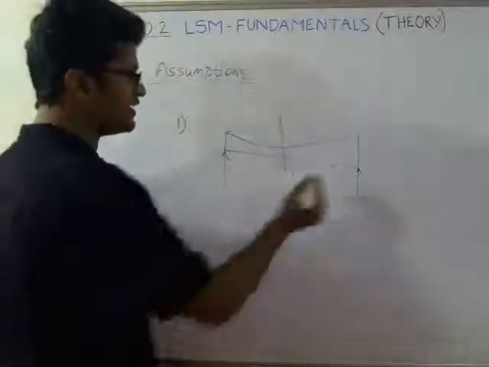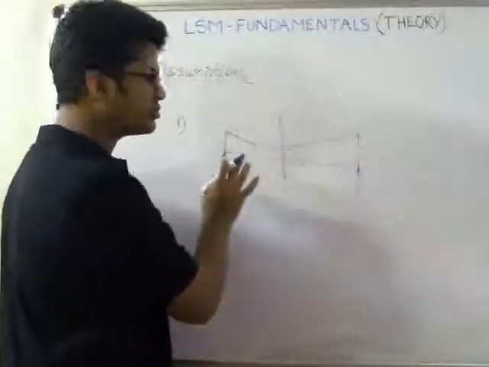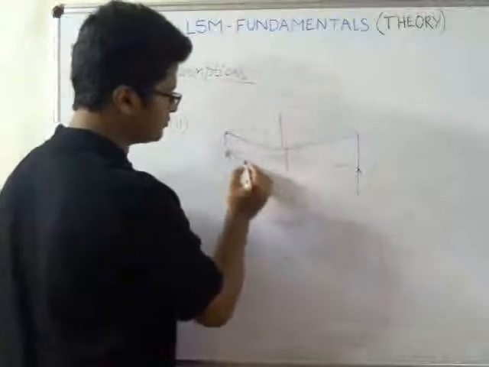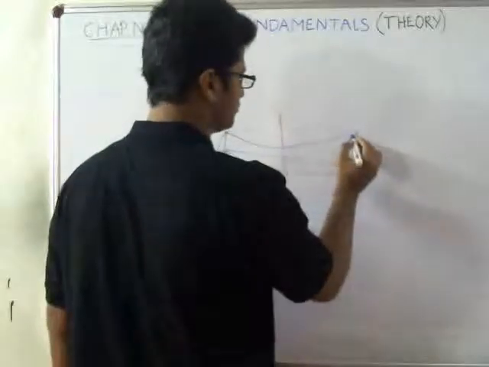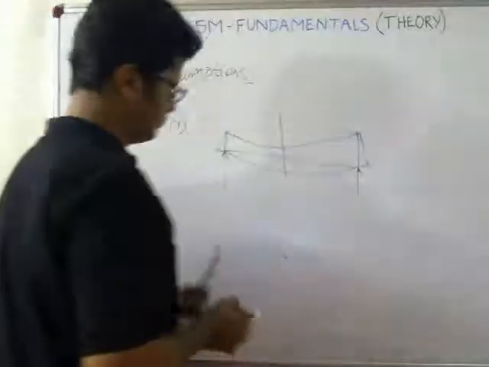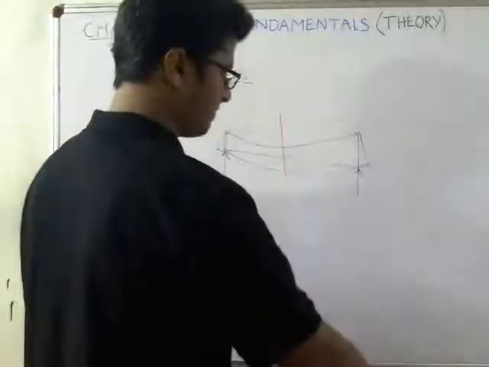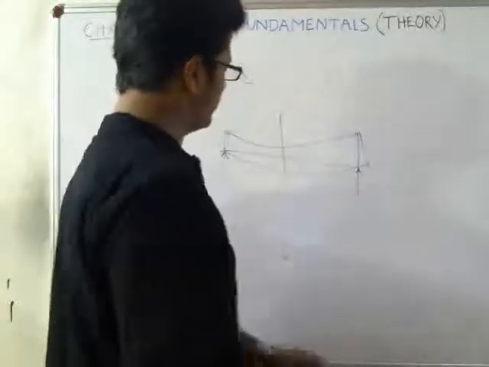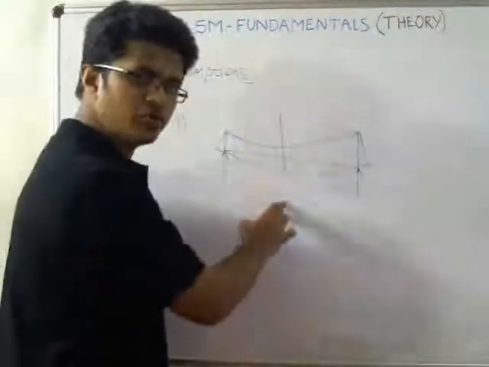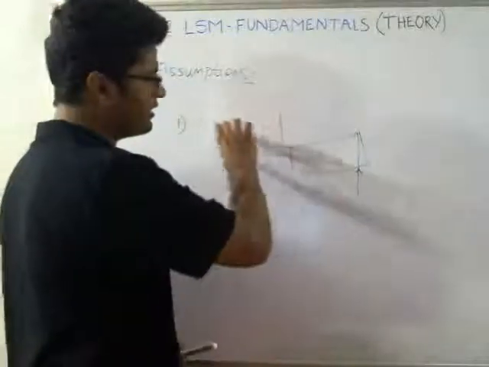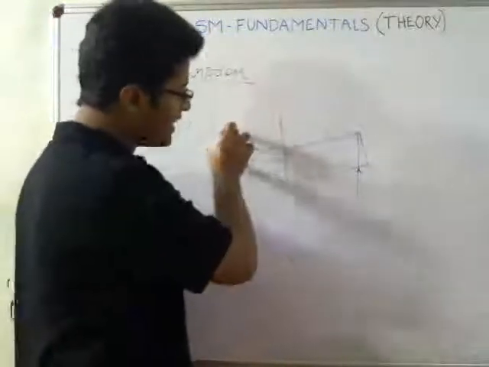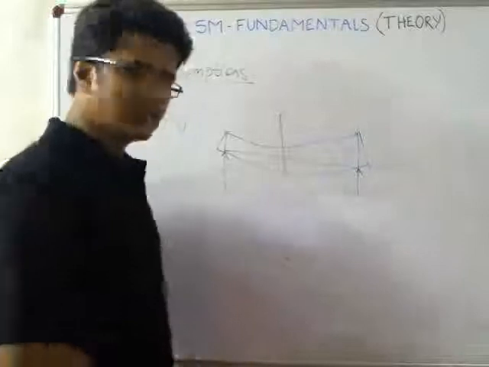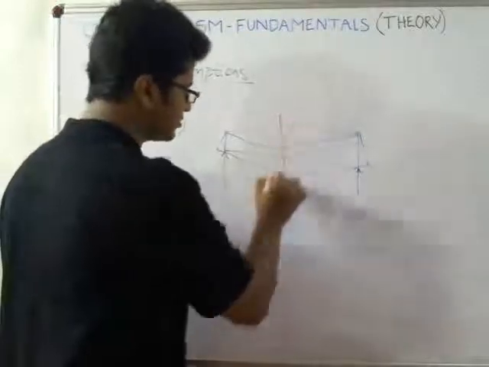The deflections are not so high. So this red section in the black beam, when it is bent into the blue beam, becomes like this.